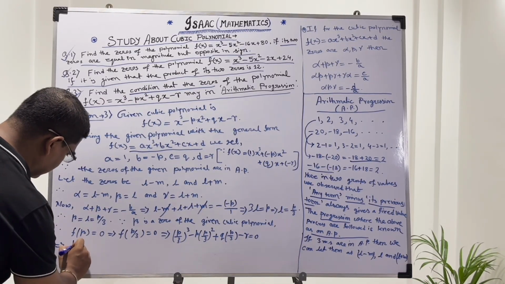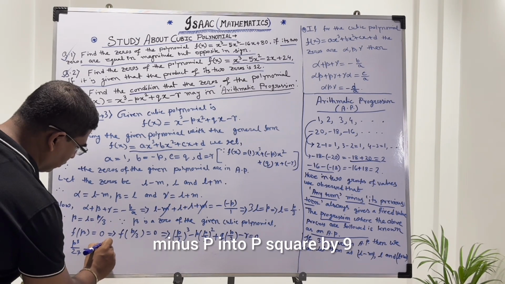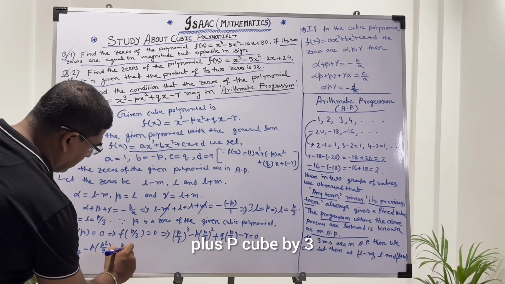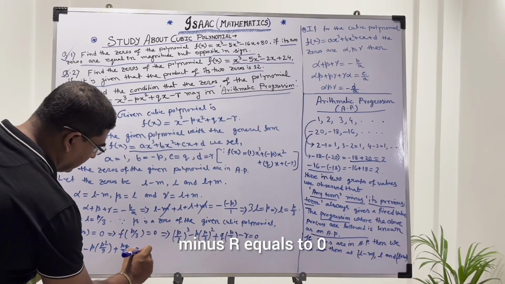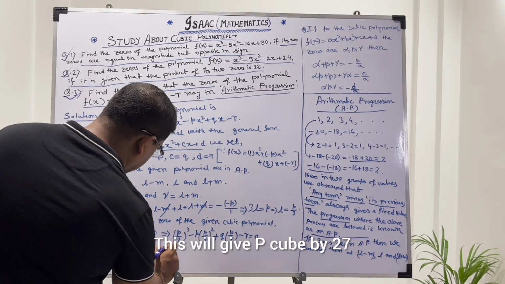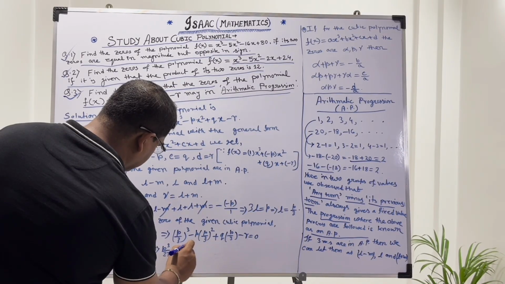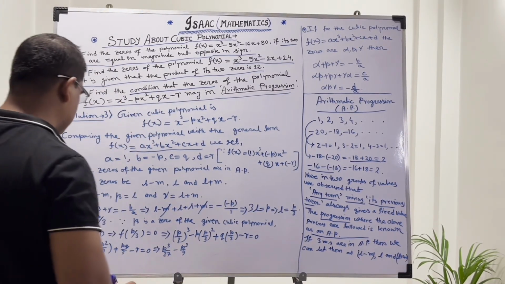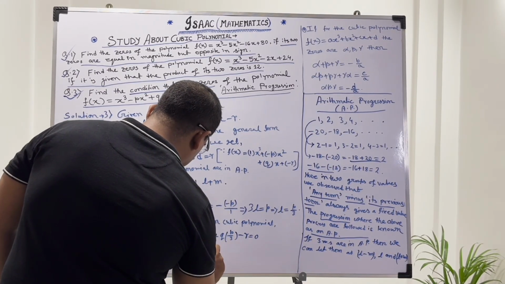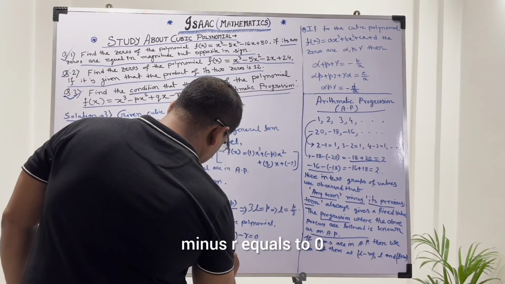So this gives p cube by 27 minus p into p square by 9 plus pq by 3 minus r equals 0. This gives p cube by 27 minus p cube by 9 plus pq by 3 minus r equals 0.